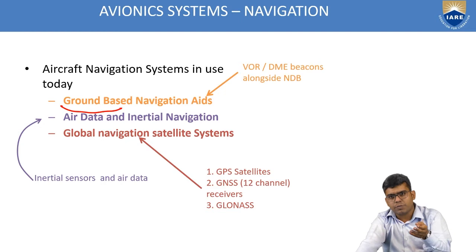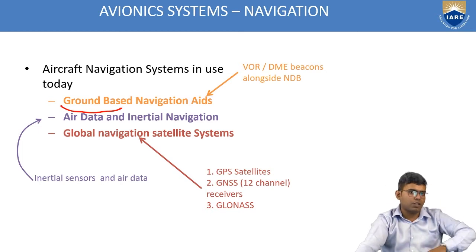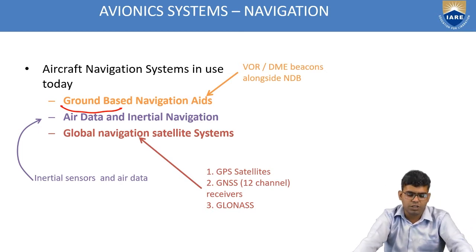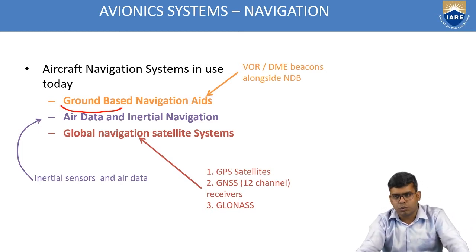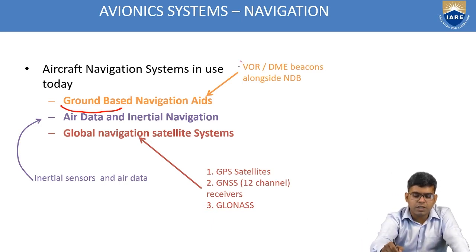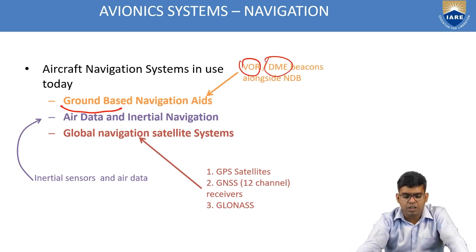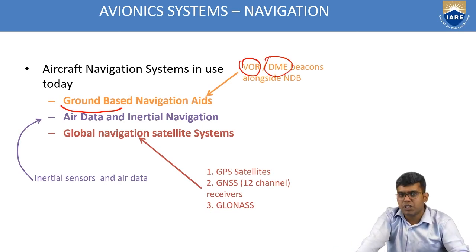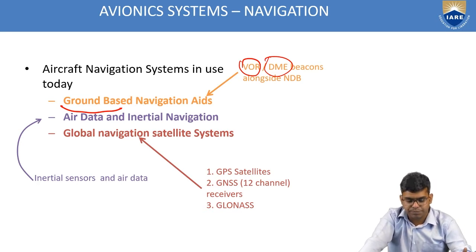When you're in the Indian airspace, you have certain beacons placed at certain distances to help guide the aircraft. This is actually one of the older systems that was existing, and we still use it today. You have very high frequency sensors or direction measurement DME beacons alongside the NDB beacons, which help us to guide the aircraft.